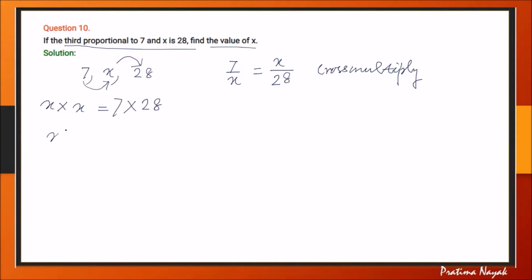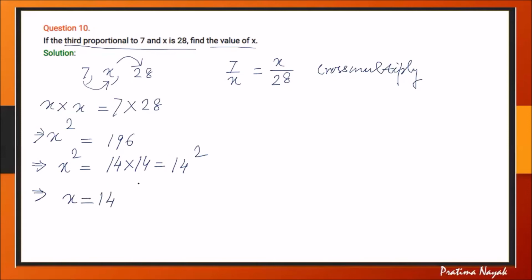So x into x is square of x, and 7 into 28, it will multiply 196. Now think of whose square is your 196. That means x square is same as your 14 multiplies 14. Or we write it as 14 square. So x is equal to 14.